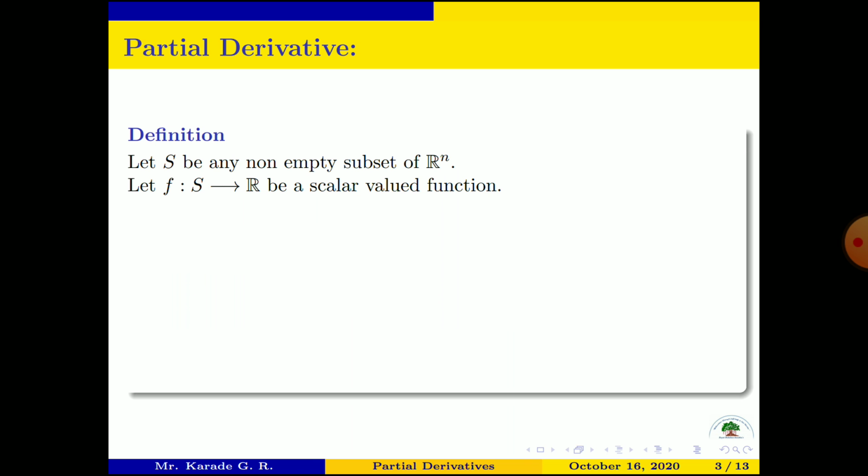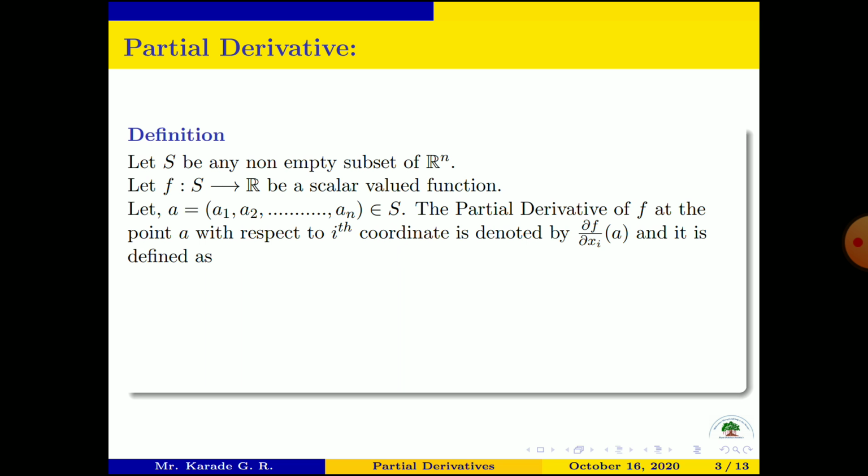It is a scalar valued function. Let a = (a1, a2, ..., an) belonging to S be any point in set S, or we can say any vector. We call it a point here. Be any point in set S.